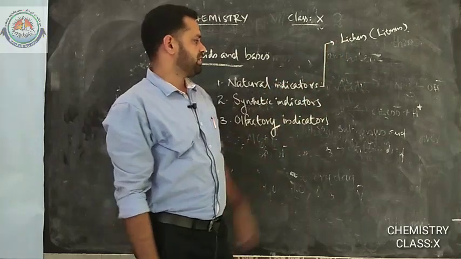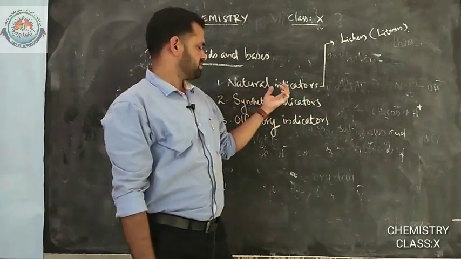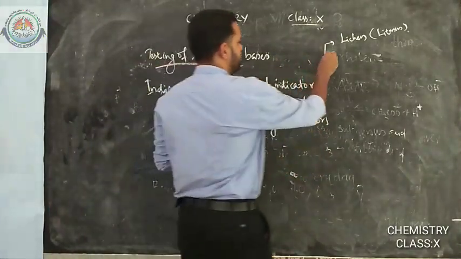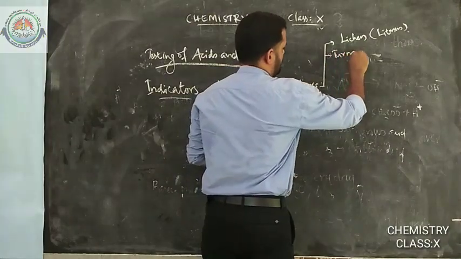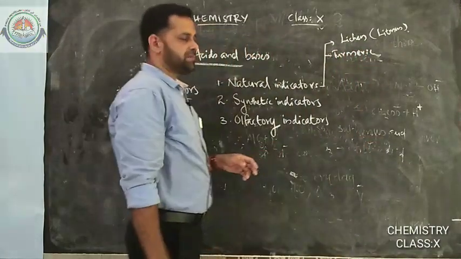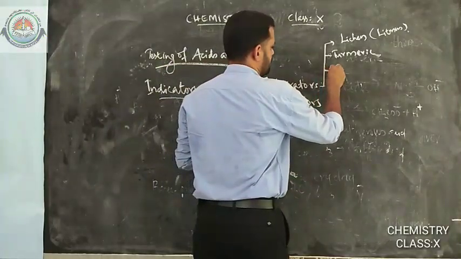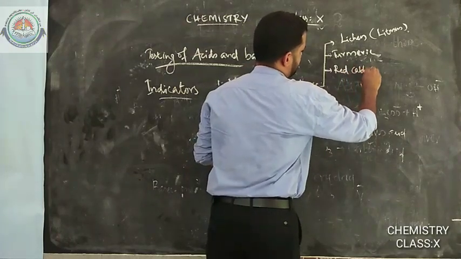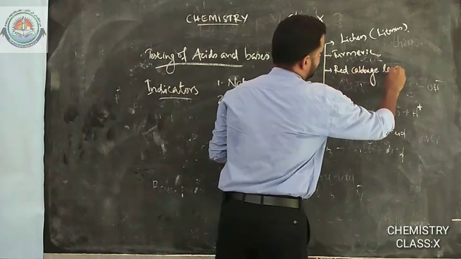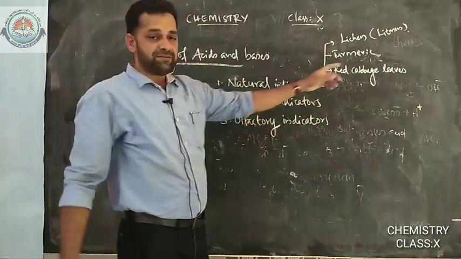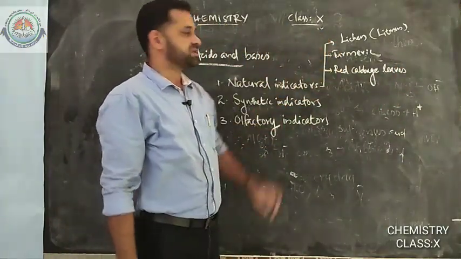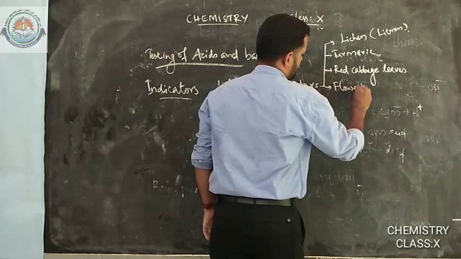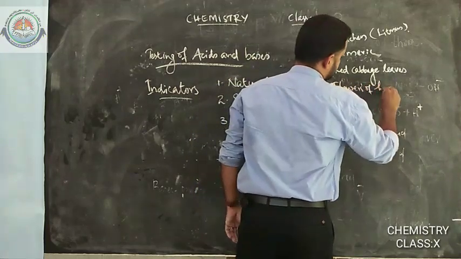So lichen plant or litmus solution is a natural indicator. Then turmeric is a natural indicator, and then red cabbage leaves extract can be used as a natural indicator. And then flowers of the hydrangea plant.